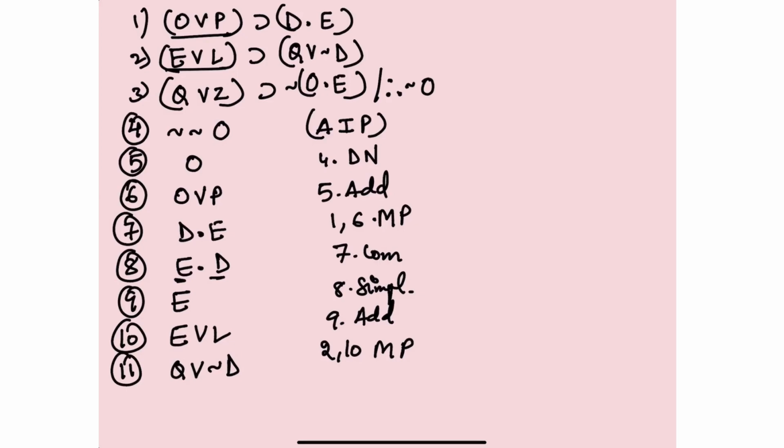Now you have Q wedge negation of D, and then next is your 12. In 12 what you can do is negation D wedge Q. So you did commutation in 11, and then in 13 you can simply write D horseshoe Q. In 12 you have used implication here.